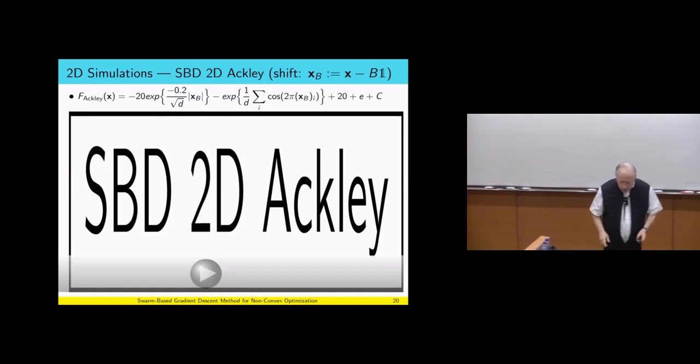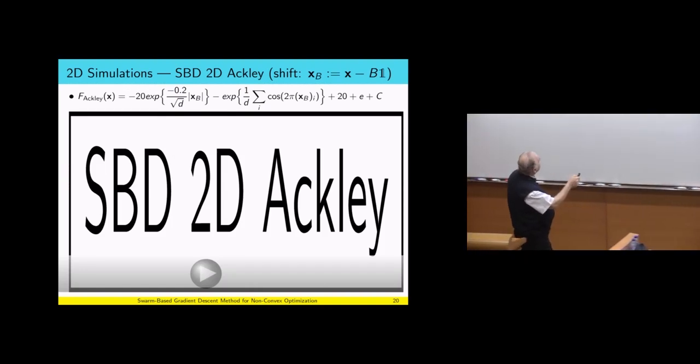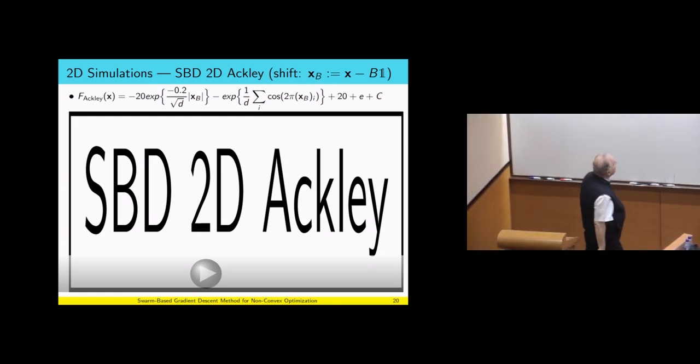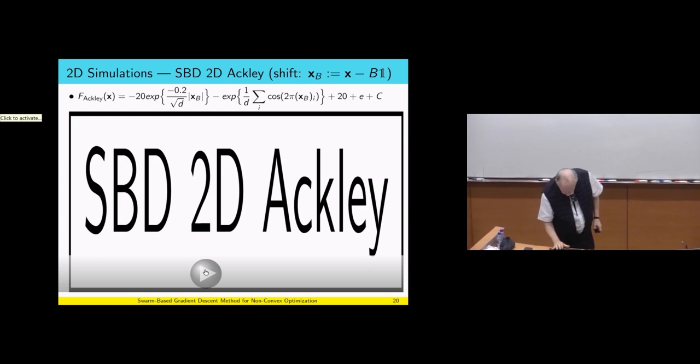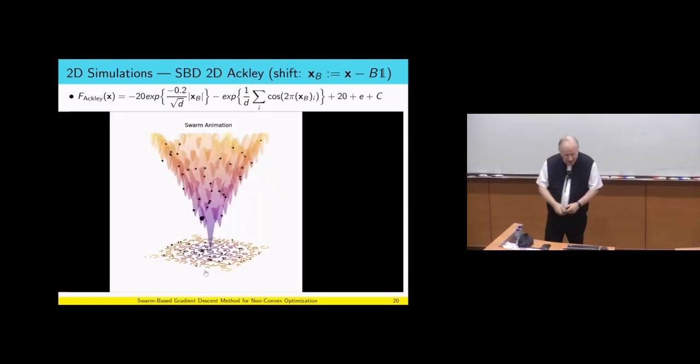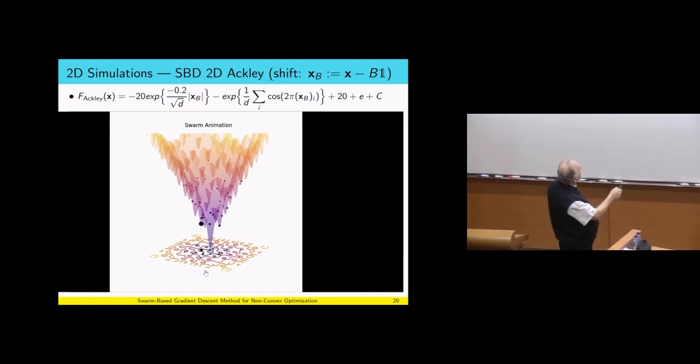So let me show you the two-dimensional Ackley. So here's the d-dimensional Ackley function, and this is with these randomly chosen directions. And you can see how this heaviest element, I mean, this is now faster than before, and you can see, survival of the fittest, right?